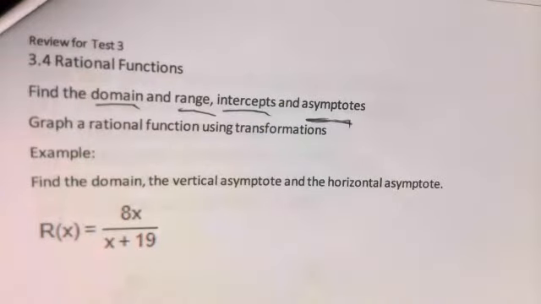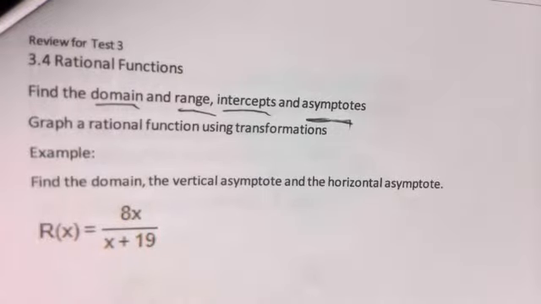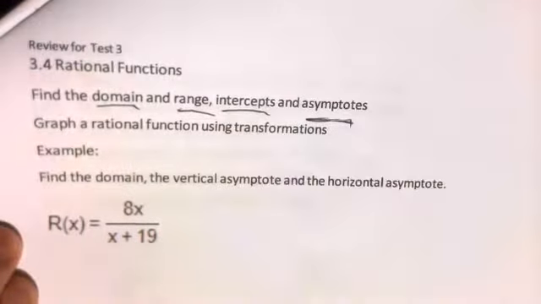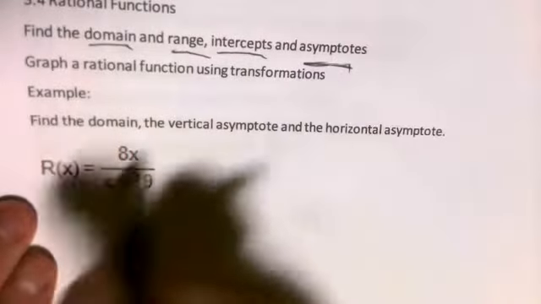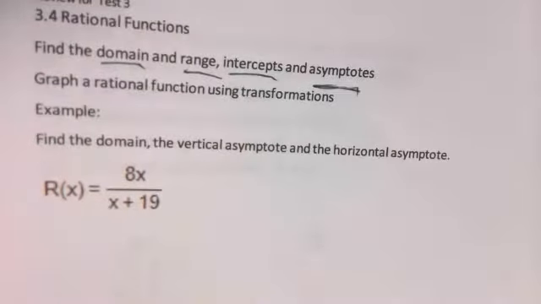So you've got to remember about vertical and horizontal asymptotes. So graph a rational function using transformations. So for example, here we're not graphing yet. We're just going to find the domain, the vertical asymptote, and the horizontal asymptote, or asymptotes.